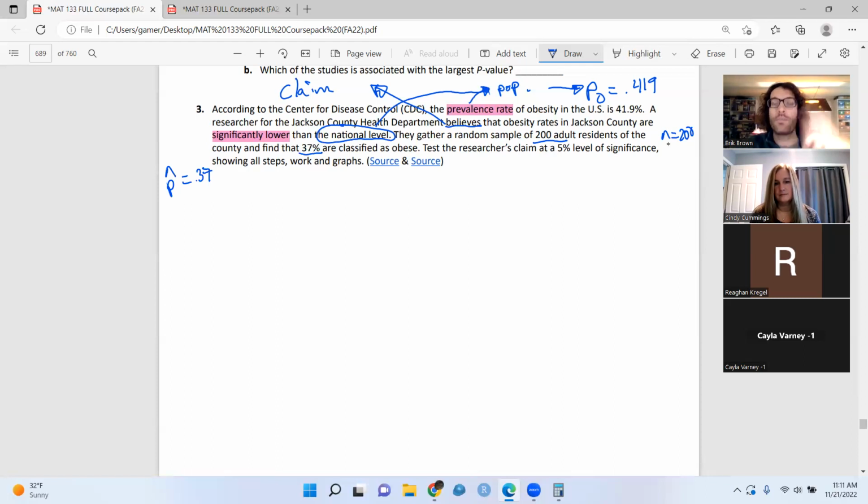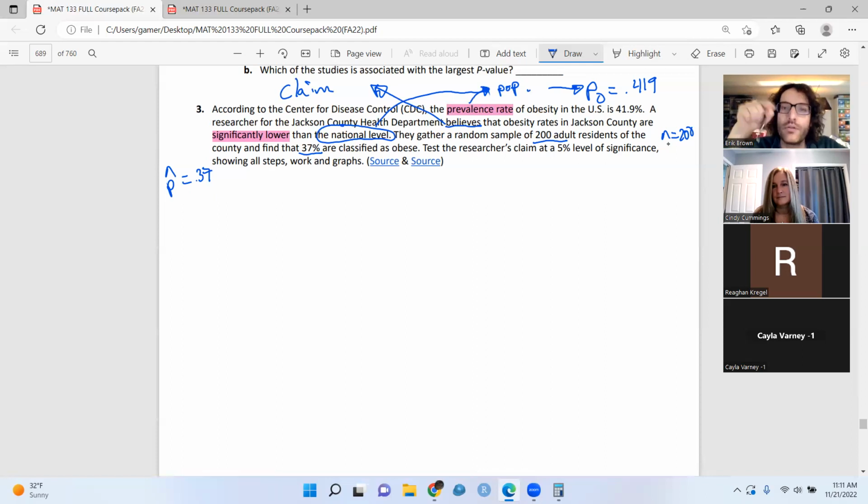So the sample result matches the claim. If it didn't, this problem would be done. Like if we claimed that it was significantly lower and then our P hat was 80%, it's like, well, you know what? Our claim is wrong because our sample did not match what we thought.